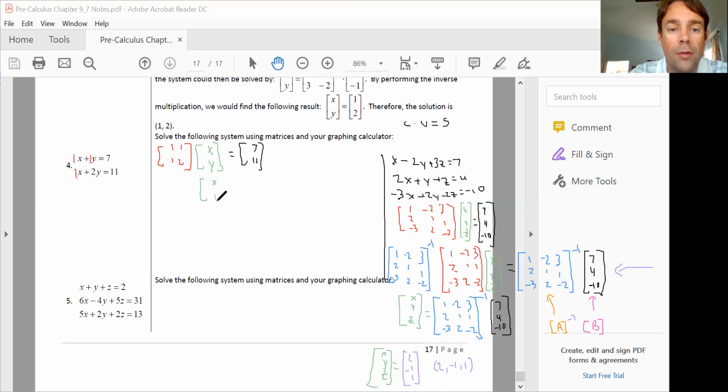All right. So if we move that now to the other side, I get 1, 1, 1, and 2. And when it goes to the other side, it becomes the inverse matrix.